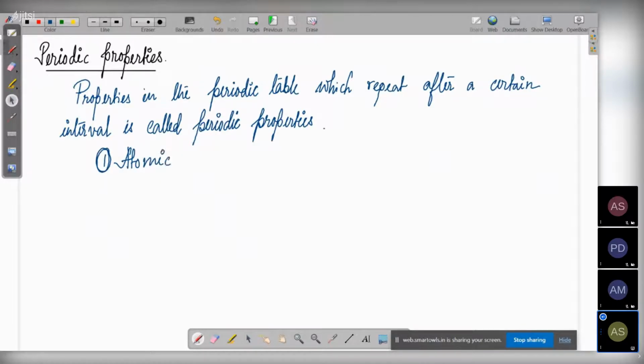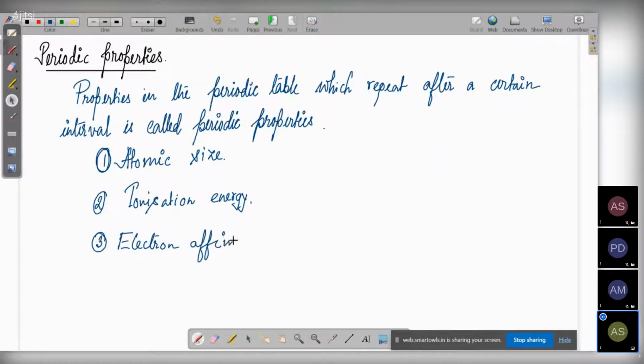One is the atomic size, then ionization energy, electron affinity, and electronegativity.